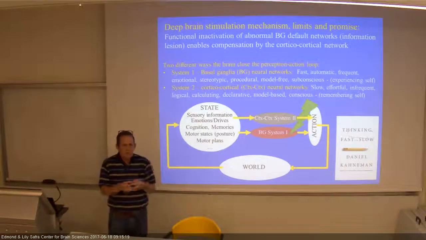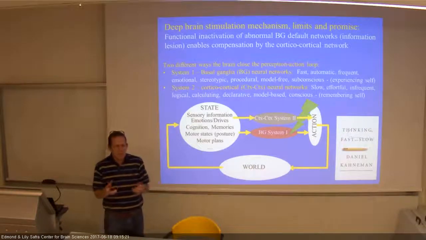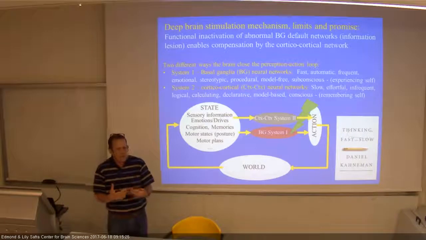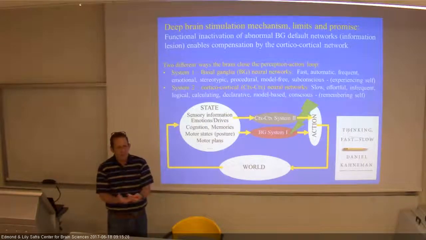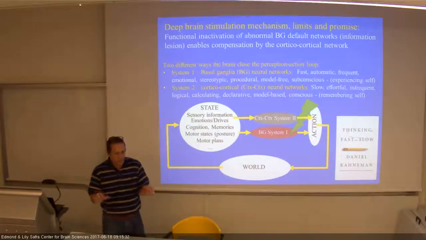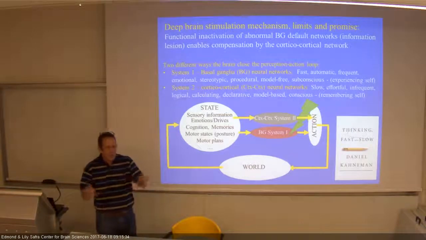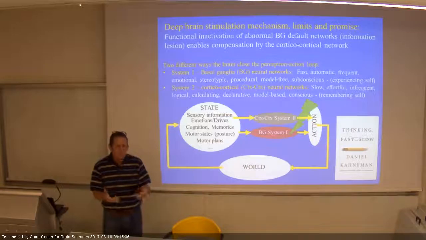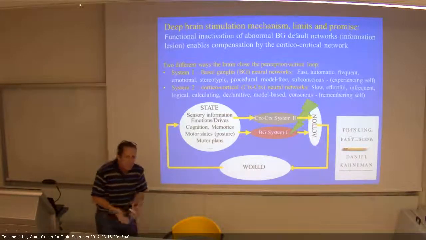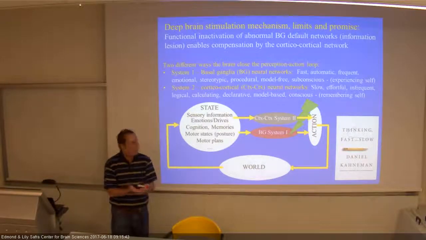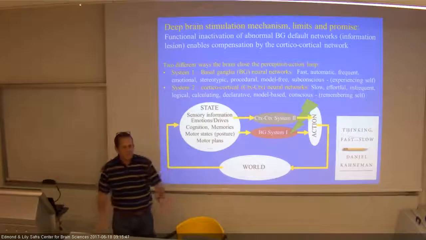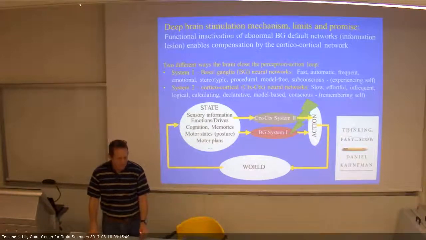So our very crude DBS today, with four big contacts, is not actually giving back the normal activity. We do what we call information lesion. Therefore, we use high frequency, but the bottom line is that we inactivate the basal ganglia and enable, let's say, the cortex-cortex connection to compensate for the missing function of the basal ganglia.